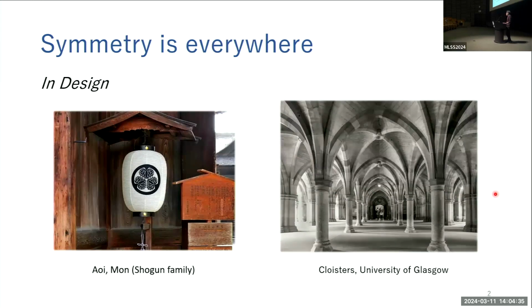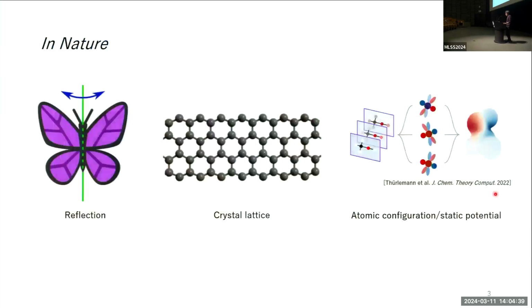Not only in design or artificial things, we can see symmetry in nature. For example, many living things naturally have symmetry. The human face has symmetry. The human body also has symmetry. And also in chemistry and physics, there is a lot of symmetry existing in nature. You may know that a crystal lattice has a very beautiful symmetry.